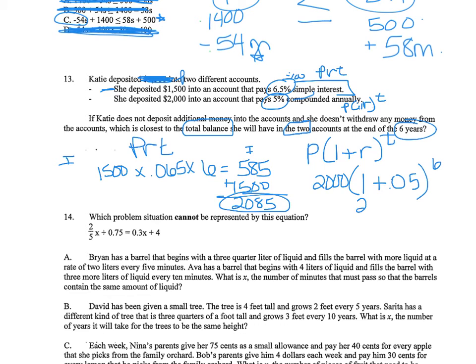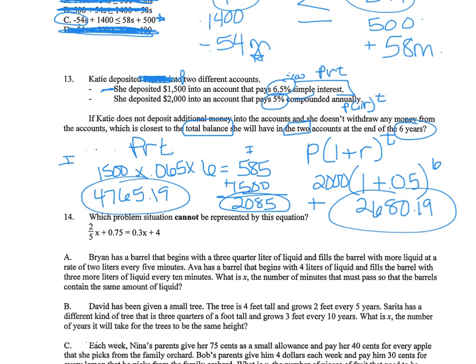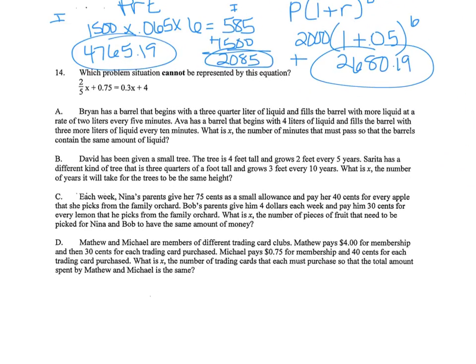So when I do all of that, I get 2680.19. Okay, so that already is the total. I don't have to add anything. And it wanted the balance of the two, so we're just going to add those numbers together. And when I do that, I get 4765.19.